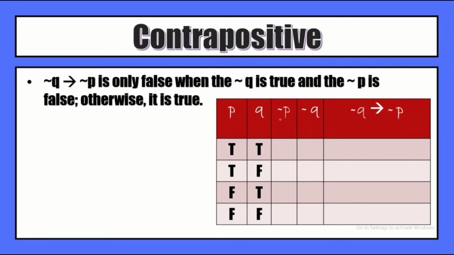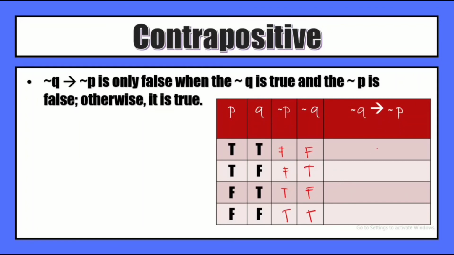Okay? So, if we have the negation of P, we have true, it will become false, true, false, false, true, false, true. Okay? Negation of Q, true, it will become false. False, it will become true. True, it will become false. False, it will become true. Okay? So, okay na tayo sa negation.